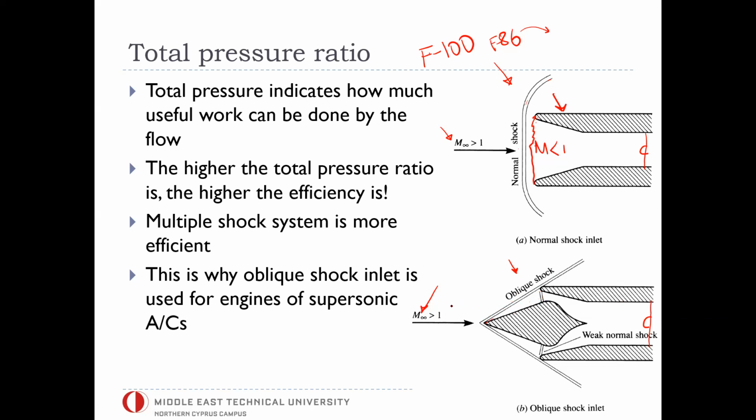What happens in reality is that M-infinity, or let's say M1, is supersonic, but it gets reduced to a low supersonic value after the first oblique shock wave. If there are more oblique shock waves, it gets reduced even further, but still to low supersonic values.